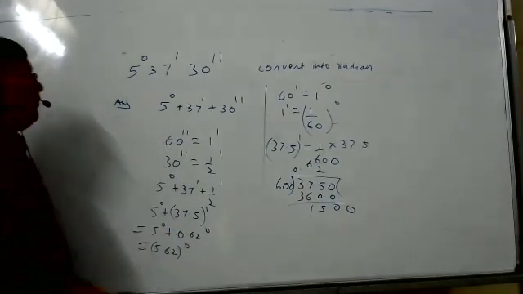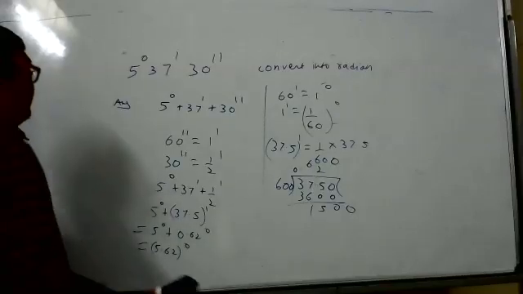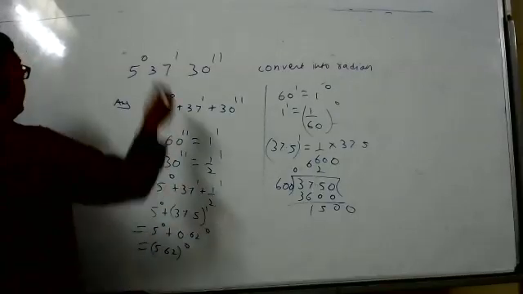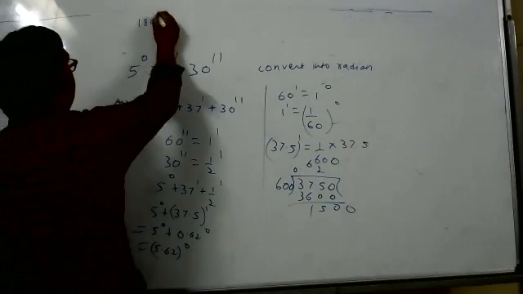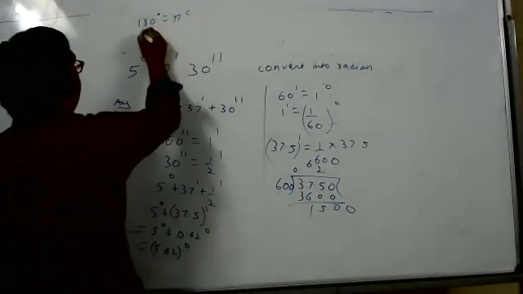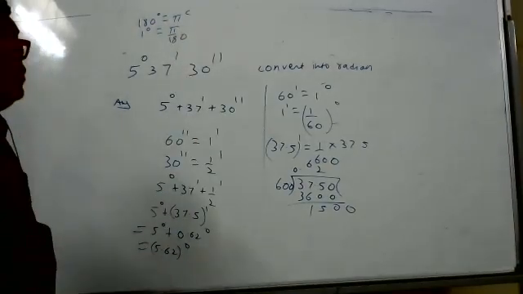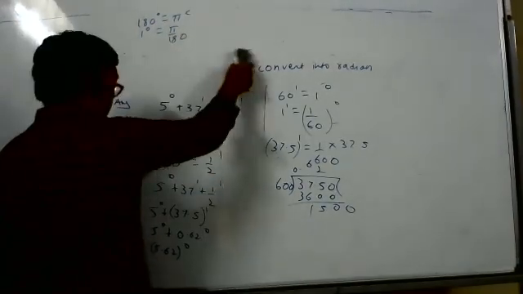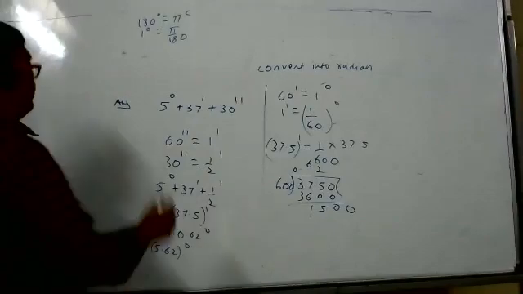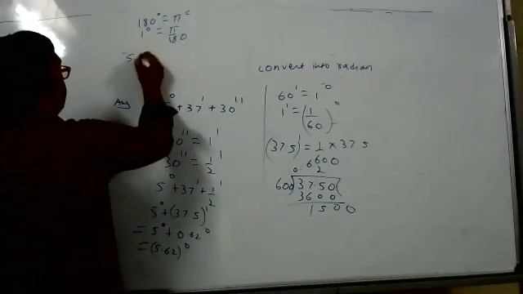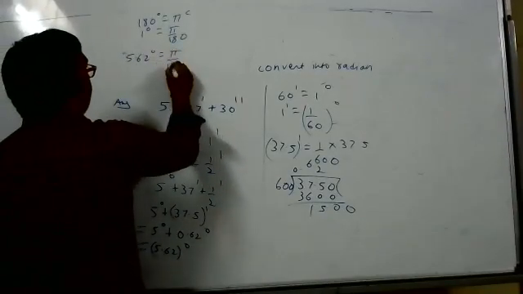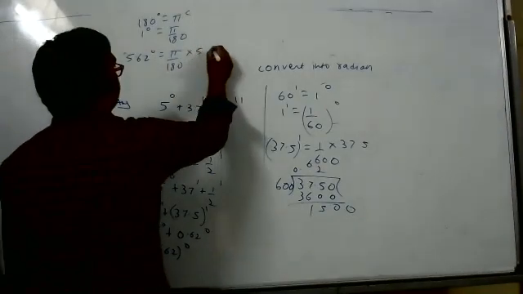Now you can convert 5.62 degree into radian. Now the thing has become easy. How? Again unitary method. 180 degree is equal to pi radian. So 1 degree is equal to pi by 180. So 5.62 degree is equal to pi by 180 into 5.62.